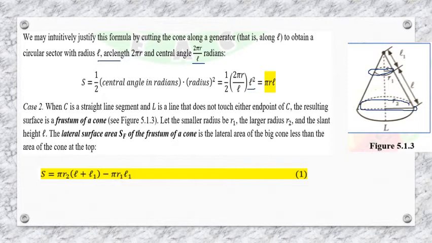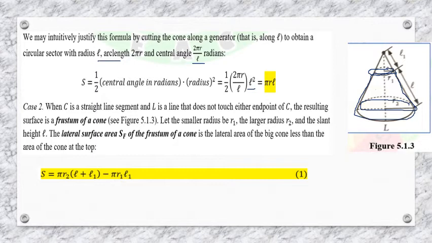The lateral surface area S sub F of a frustum of a cone: when we cut this and remove the top, what we form is the frustum of a cone.